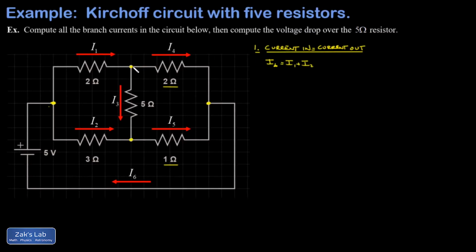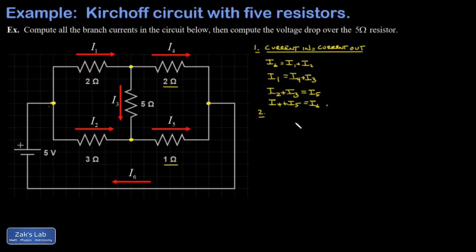At the upper node in the resistor network, I1 is flowing into that, and I4 and I3 are flowing out of it. At the lower node in the resistor network, I3 and I2 are flowing into that, and I5 is flowing out of that. And finally, at the rightmost node, I4 and I5 are flowing into that, and I6 is flowing out of it. So there's our first 4 equations, and then we use Kirchhoff's second law.